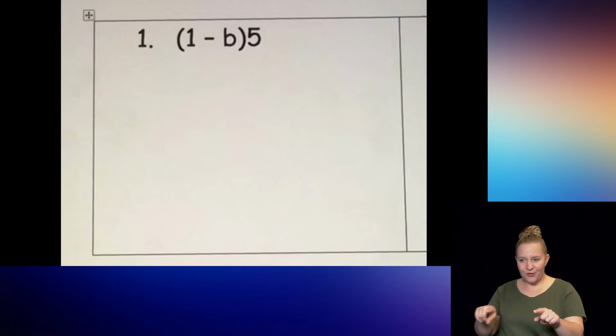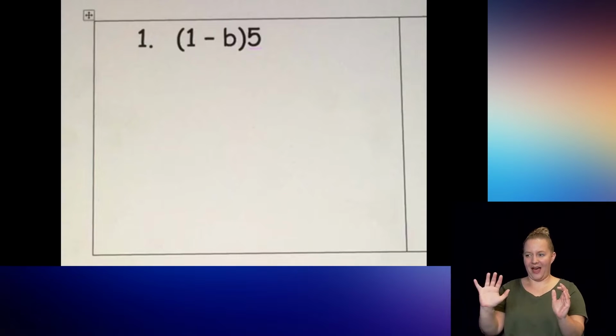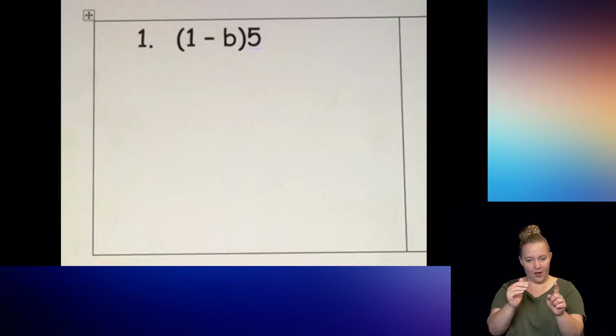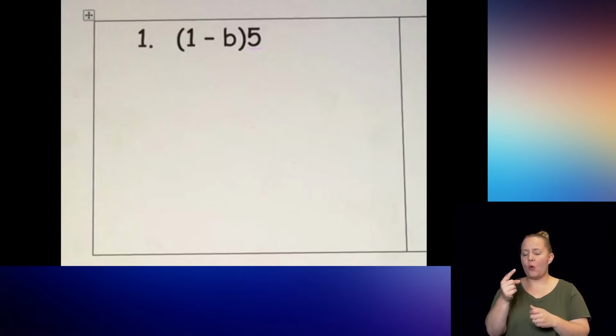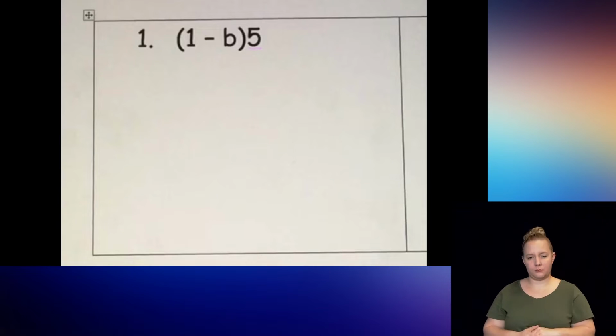So let's get started. On the outside here, we have a 5, and then in parentheses, we have 1 minus b. So I'm going to take the 5, and remember we're always going to distribute to the far left term first. So I'm going to take 5 times 1.